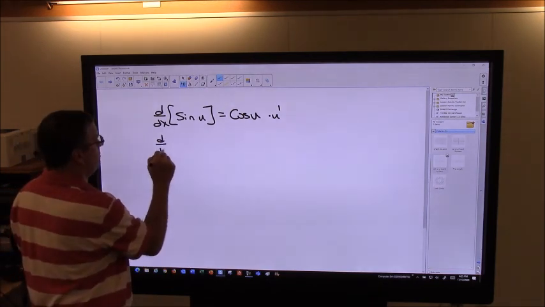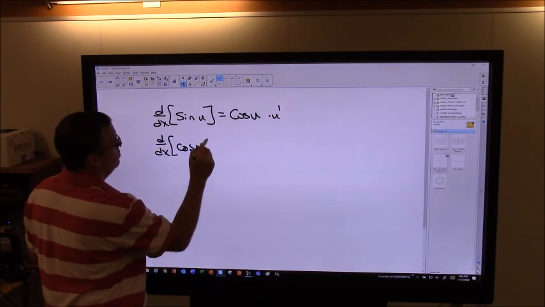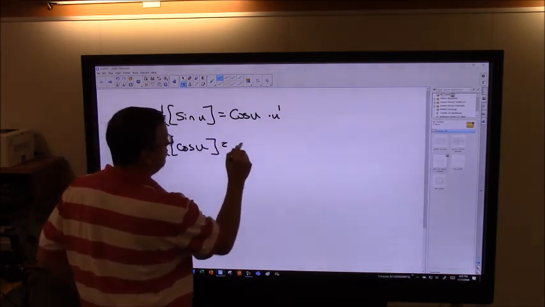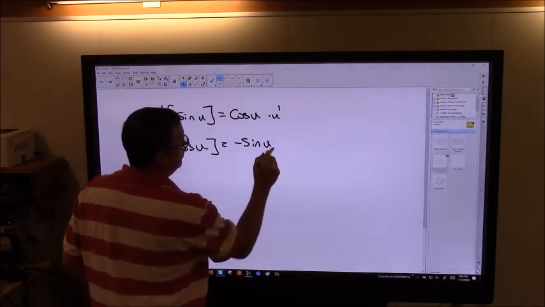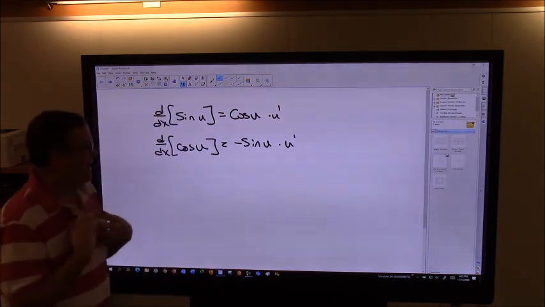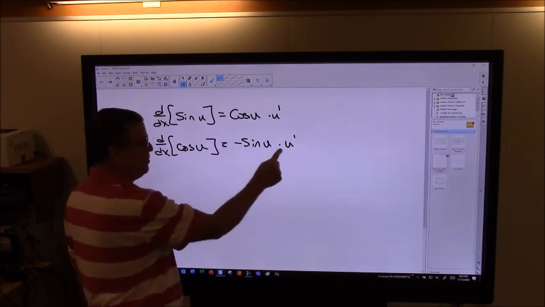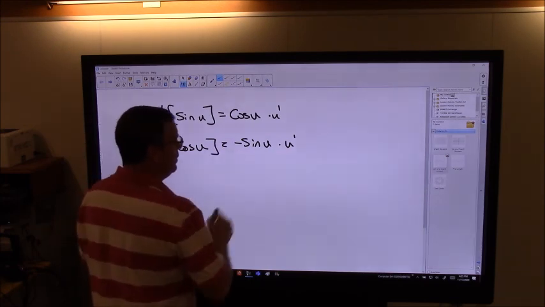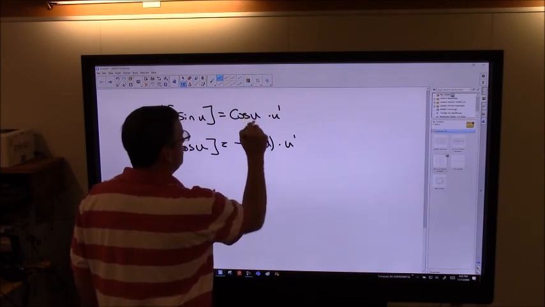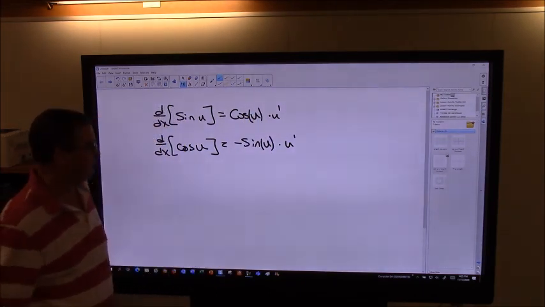So if I took the derivative of a cosine of u, we know that's going to be a negative sine of u times u prime. I would almost rather write the u prime in front, so I know that this is not part of the angle. Here's my angle, but we're multiplying it by something in addition, okay?